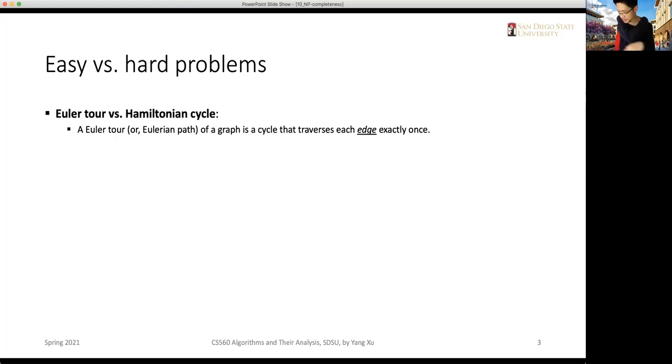I think that is a type of geometric problem that we had some experience with in high school probably. We want to go through each edge exactly once, and we want to go back to where we started, back to the vertex that we started from.